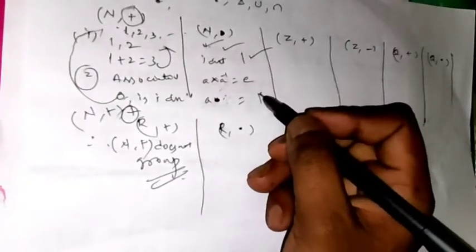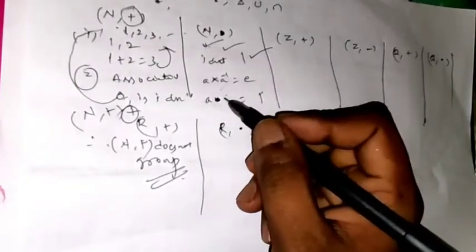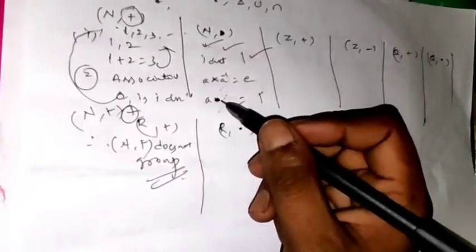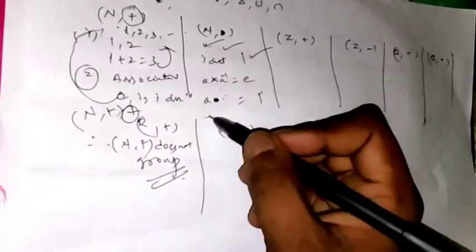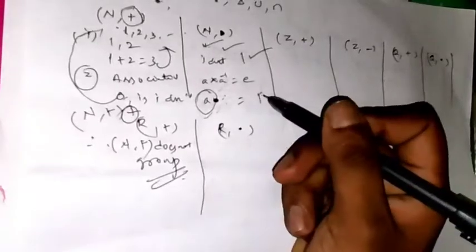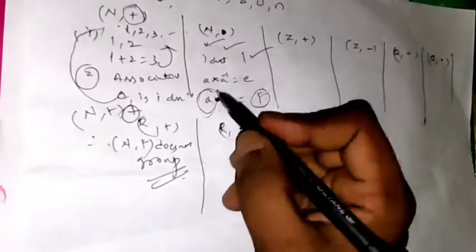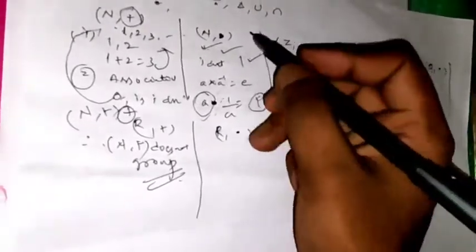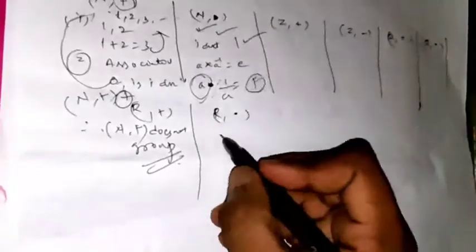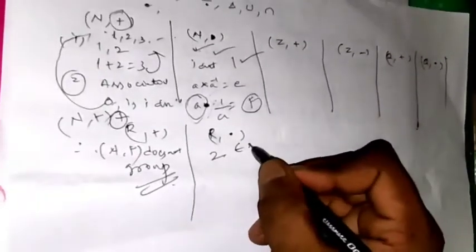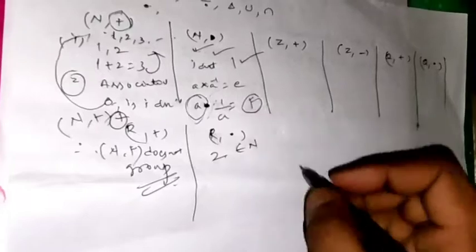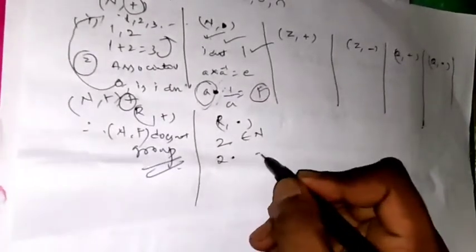We get 1. What is the inverse element we take with this element to get 1? That is 1 by a. Suppose I take element 2. 2 belongs to N, and 2 dot is equal to 1.